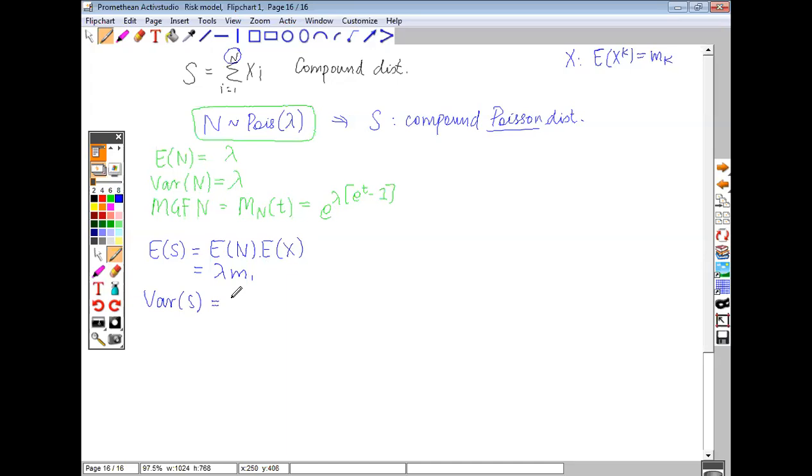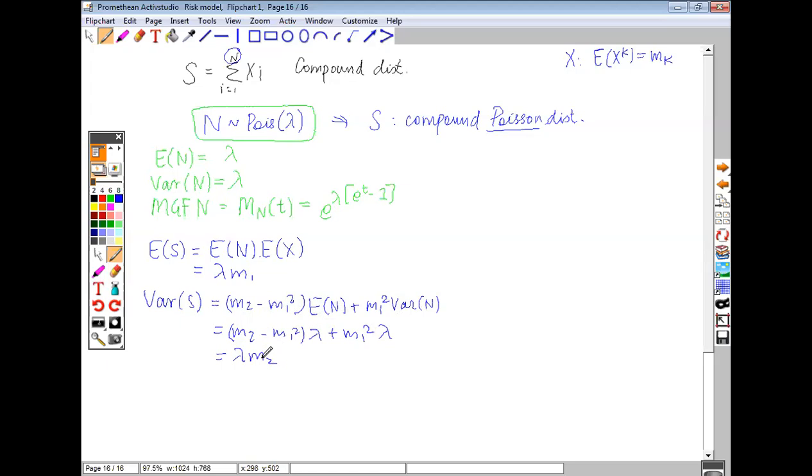M2 minus M1 the whole square into the expected value of N plus M1 square into the variance of N. So this will remain as it is: M2 minus M1 square, and the expectation of N is lambda, plus M1 square, variance of N, again lambda. So M1 square lambda with a minus and M1 square lambda with a plus cancel, and you are left with only M2 times lambda. So the variance is lambda times M2.